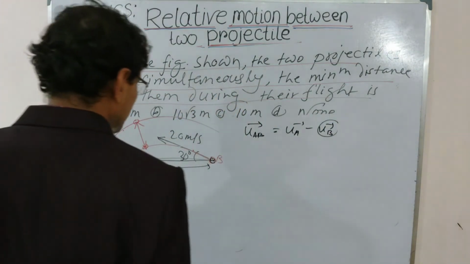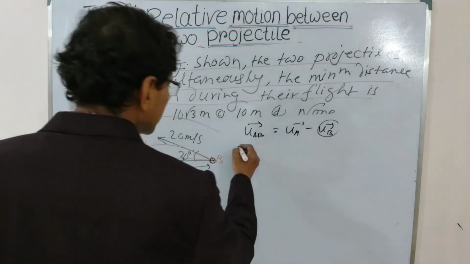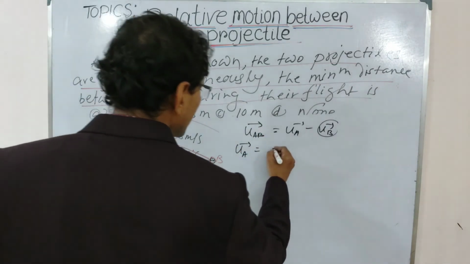Now to find UAB, UA in vector form, UA equal to 20.